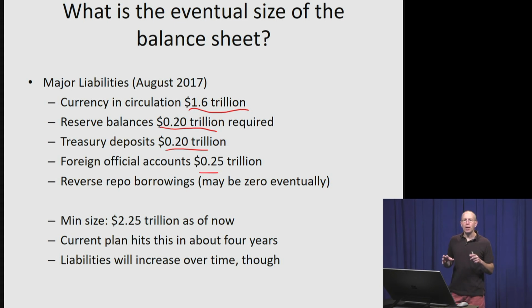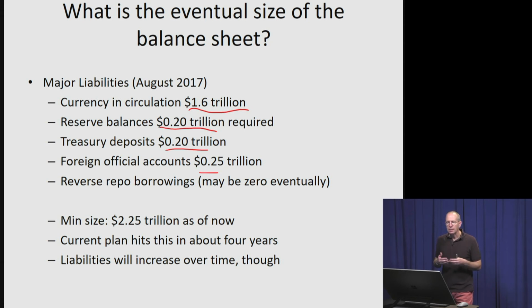And so if you look at the rate at which the current plan is expected to reduce the balance sheet, the current plan pulls us down to that $2.25 trillion level in about 4 years, plus or minus. And what we need to keep in mind, though, is that over the next 4 years, naturally and normally, liabilities would tend to increase.